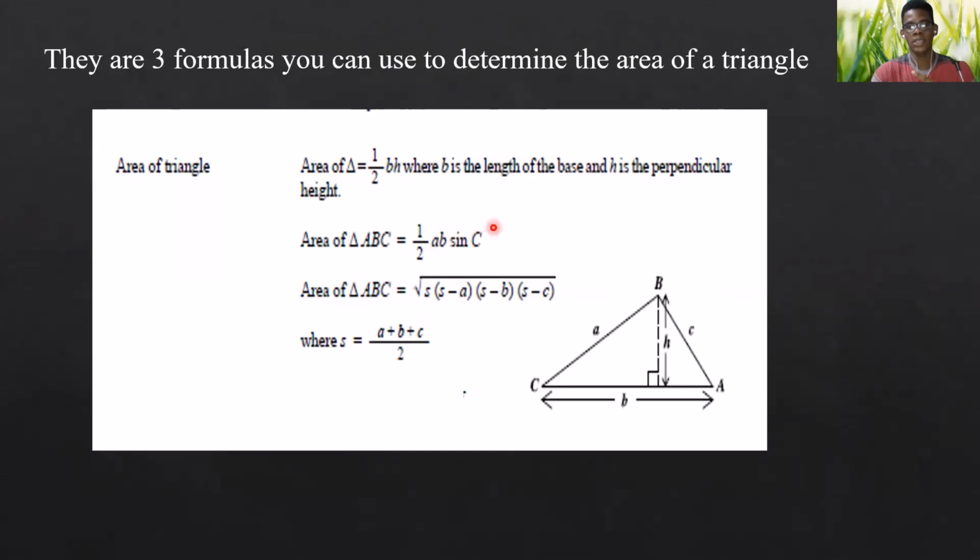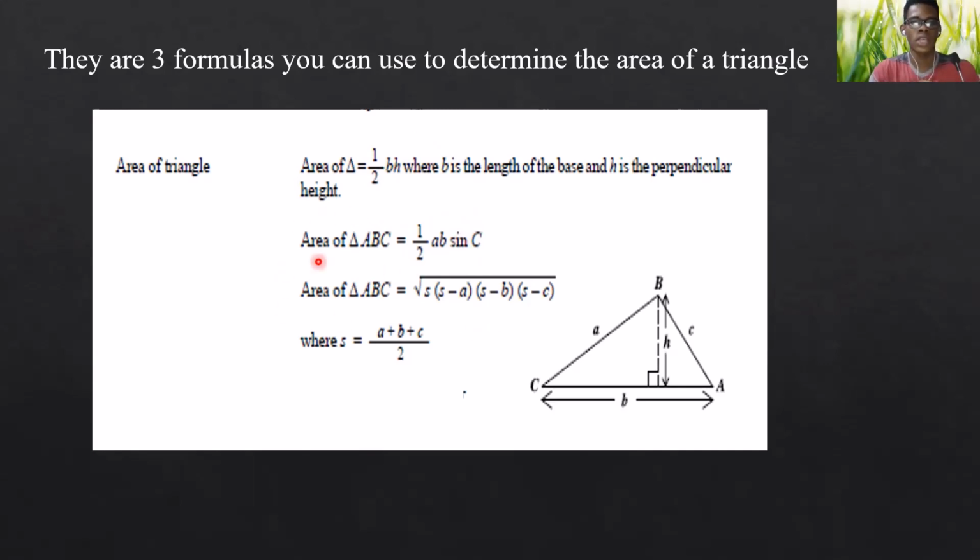Labeling the sides is not that important. We'll go through that just now, but what's important is that you remember the principle. Here you're multiplying half base times height. You need a base and the height, pretty basic. With the second one, half AB sine C, AB refers to the length of two sides, and C is the angle between those two sides. I can't emphasize that enough. It's the angle between those two sides.